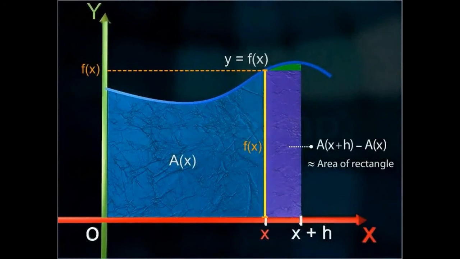Since the length of the rectangle is f of x and its breadth is h, the area of the rectangle will be h into f of x. The area of the rectangle is approximately the same as the area under the curve between x and x plus h.